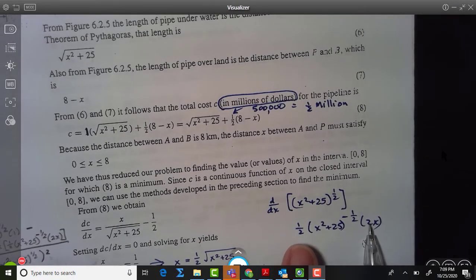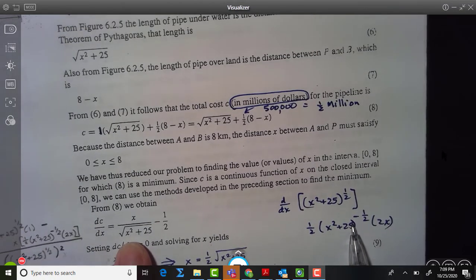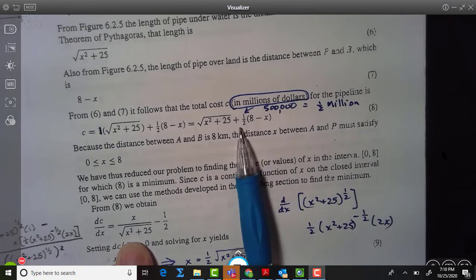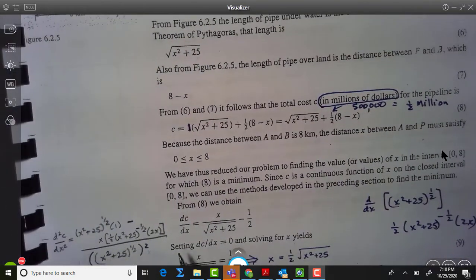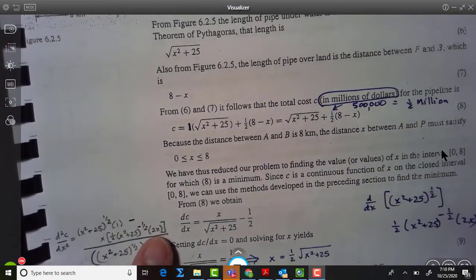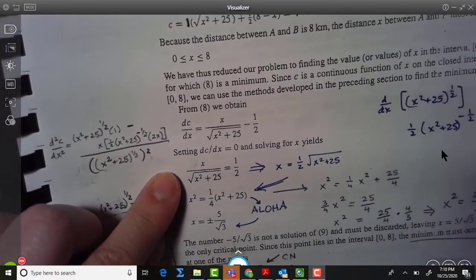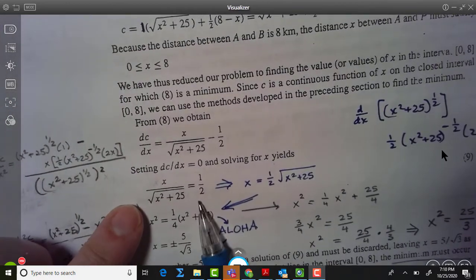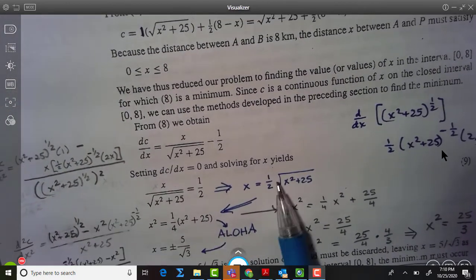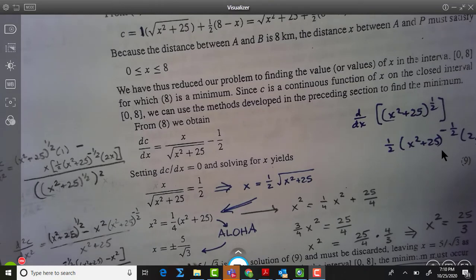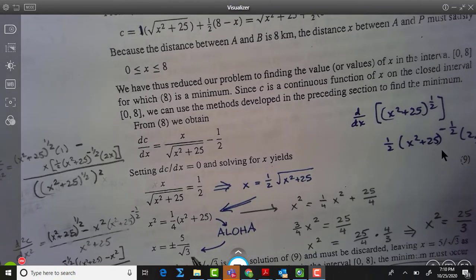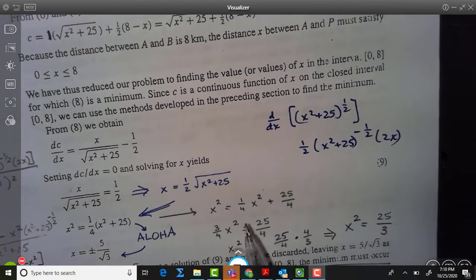So you can see that the 2's will cancel, and that sends this square root down to the denominator, and then minus 1/2. Now that is our derivative of our cost. And solving this, setting equal to 0, with a lot of algebra, we get eventually that x is plus or minus 5 over the square root of 3.